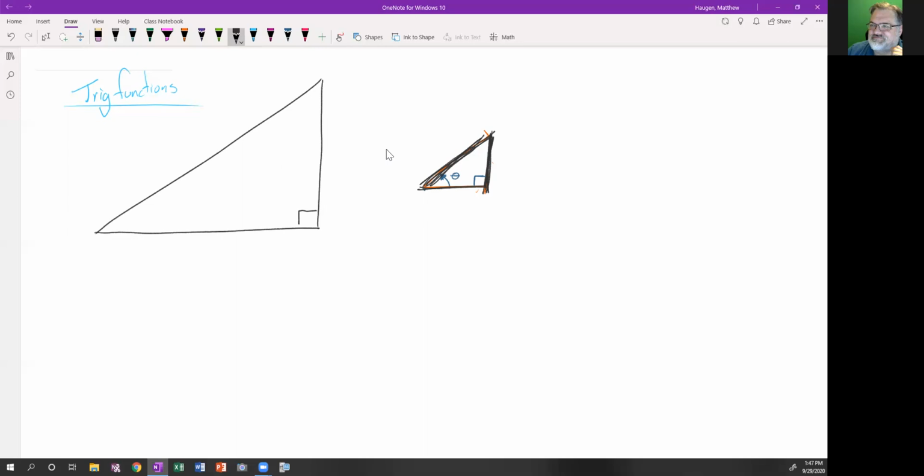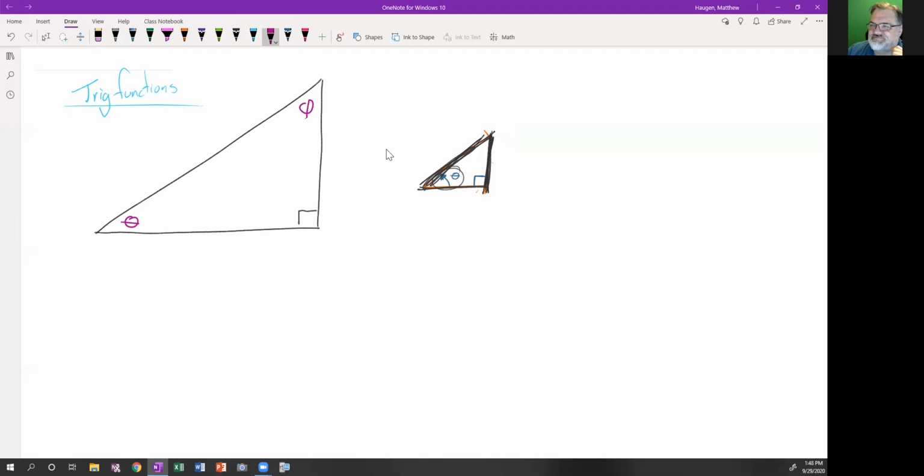And just like in our diagram over here, there's one of the angles in our triangle that we're going to care about. There are, of course, three angles in our triangle. There's the right angle. There are the two complementary angles, one down here and one up here, which I'm going to label theta and phi.